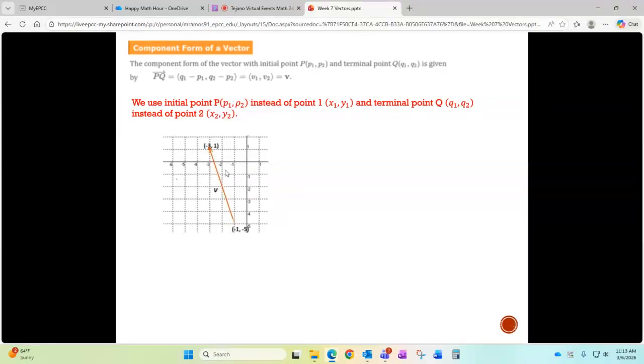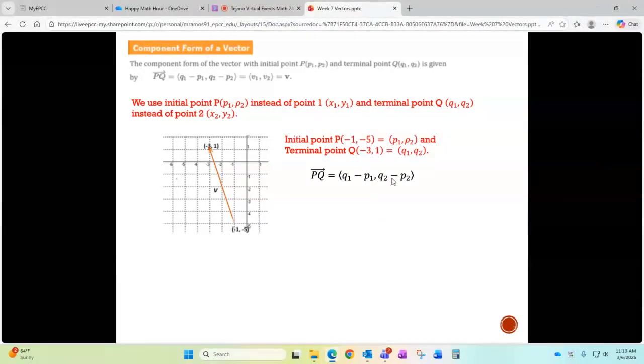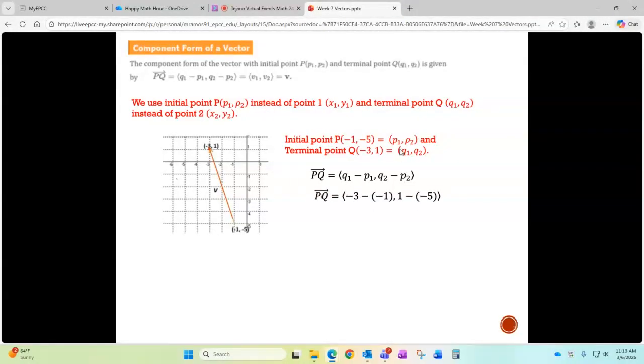So let's look at an example. I have a vector right here, initial point -1, -5, ending point -3, 1. If I want to write that in component form, again, I'm rewriting this formula right here. I'm going to subtract Q1 minus P1 and Q2 minus P2. I have the values right here, so I'm going to plug them in.